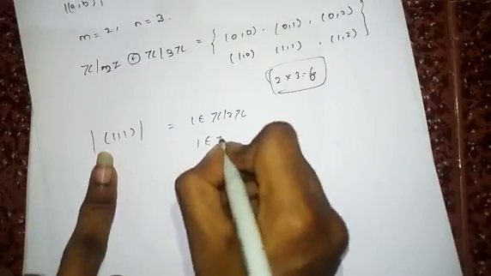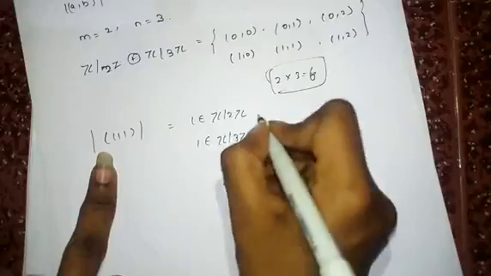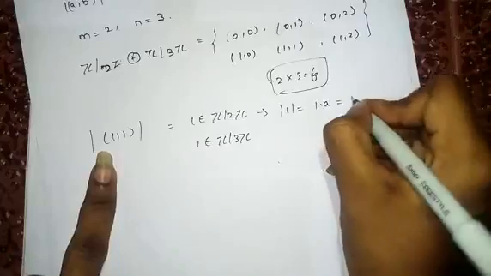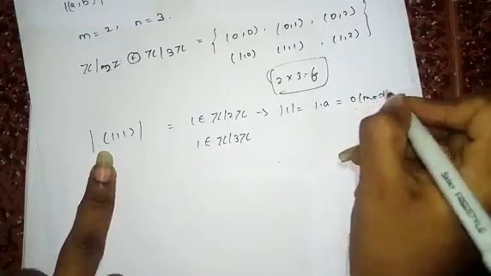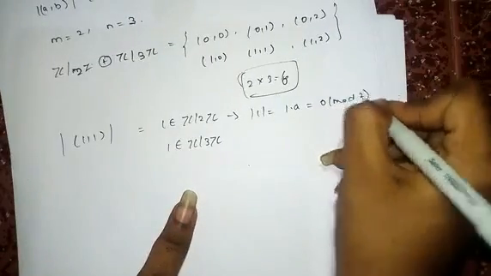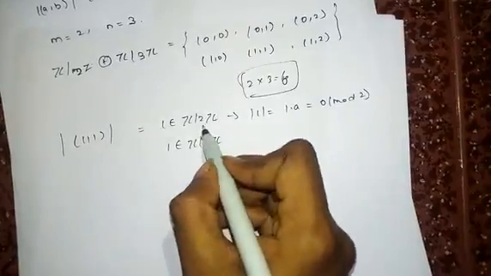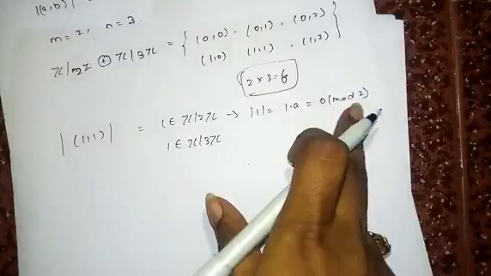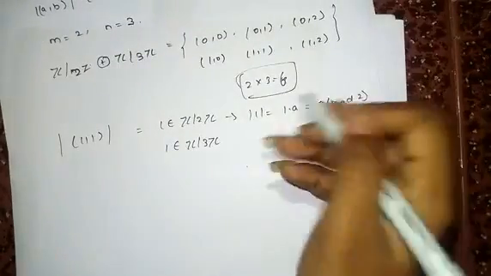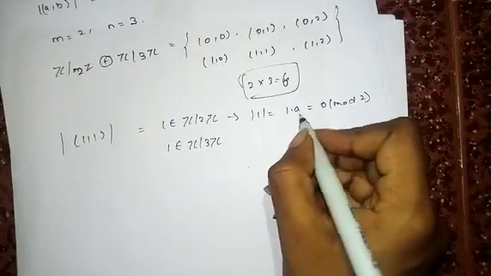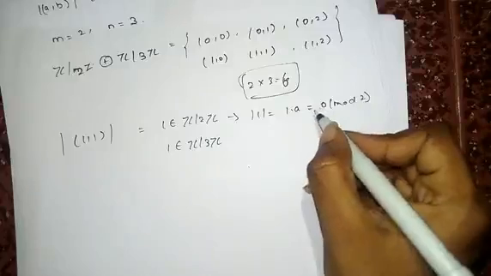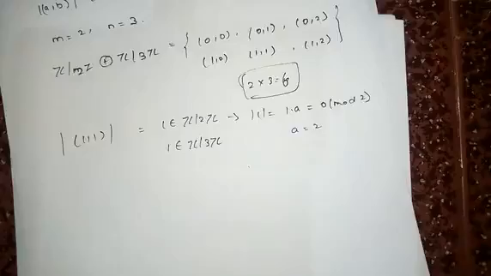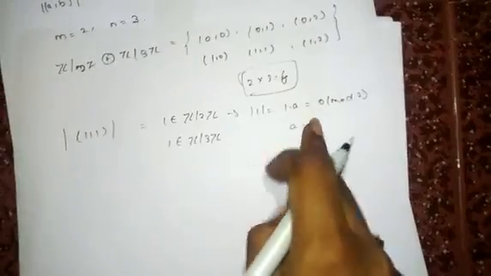Its order is 1 into a such that I get remainder 0 when divided by 2. This is not about even or odd; I am going to write this as mod p. So 1 into 1 does not give remainder 0 when I divide by 2. So 1 into 2, so it is 2. The order of 1 is 2 here.